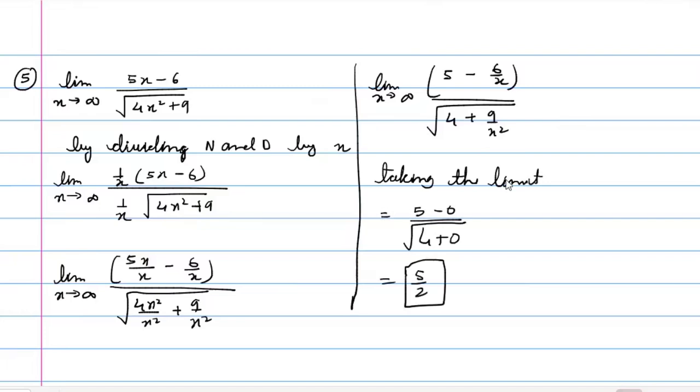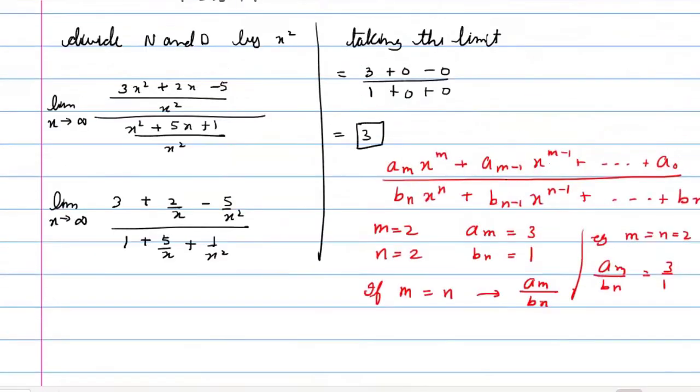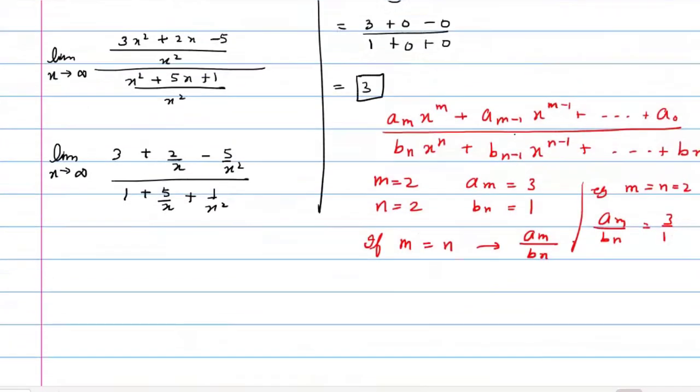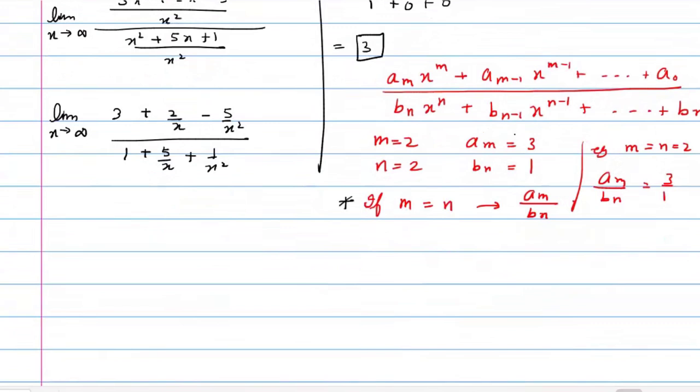So now if I go to the same property over here, and this was one of the criteria, what do you think will happen when m is greater than n? So whenever the numerator power m is greater than n, the answer will be infinite. Okay, so when this power x raised to m will be greater than x raised to n, the answer will be infinite.